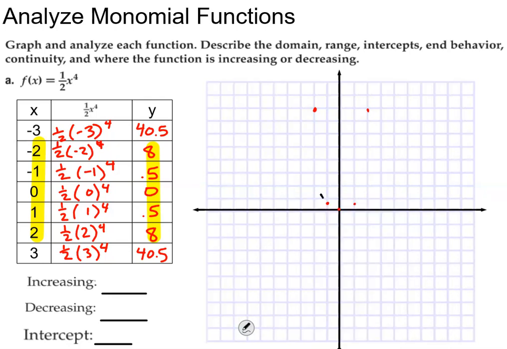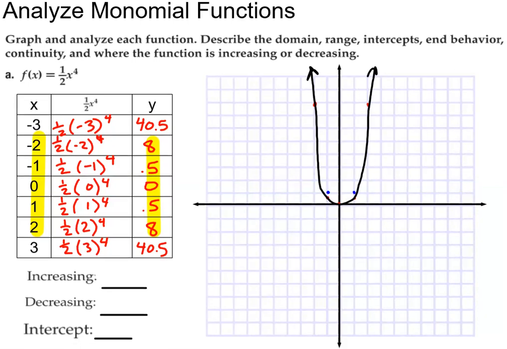And then I would try to take my graph a little bit wider to make sure that we are not crossing these points here of 1, 1 and -1, 1. Those should be showing, so we can determine this is not a parabola. This is 1/2 x to the 4th.